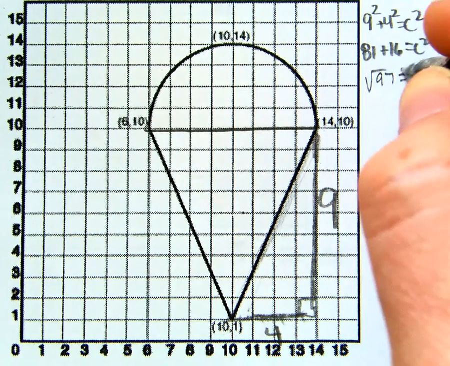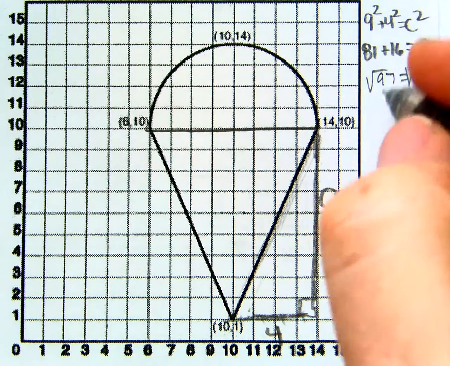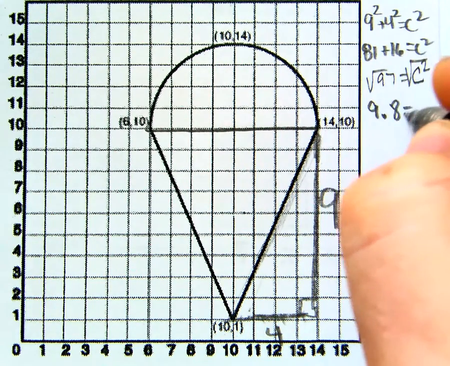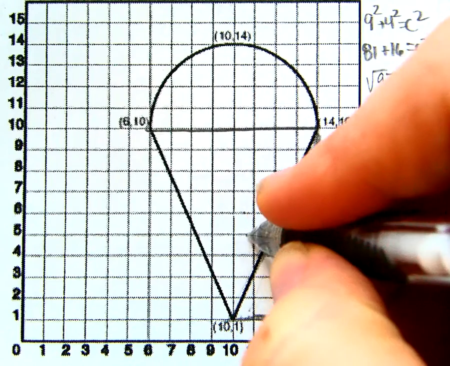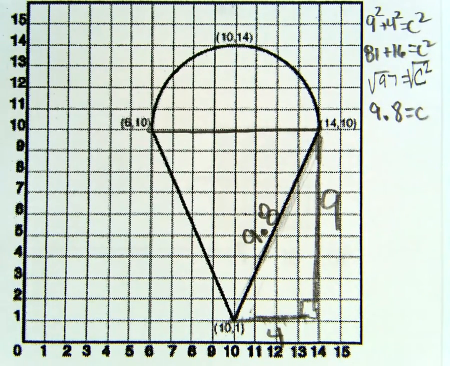And then I need to take the square root of 97 in order to get an approximation of the answer. So let's see, the square root of 97 is 9.8. You can use distance formula. If you would rather use distance formula than Pythagorean theorem, that's perfectly fine.